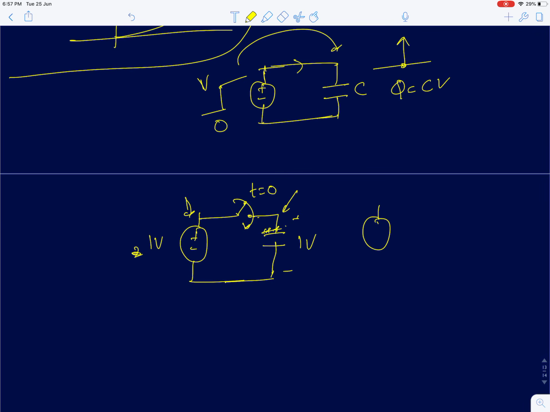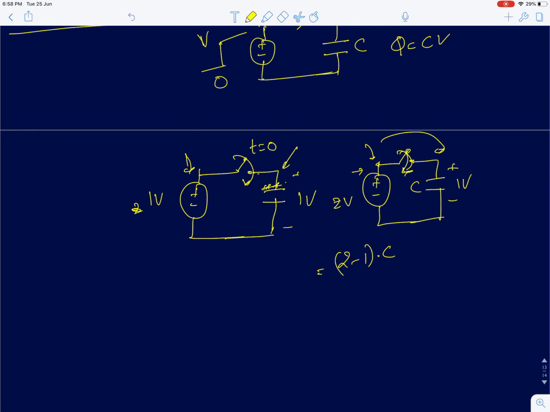Now instead if I connect a 2 volt source instead of 1 volt, and the capacitor is already charged to say 1 volt, then when I close this switch, you will have a transfer of charge, 2 minus 1, because these two potentials have to be equal. 2 minus 1 into C will be the charge transferred from the voltage source.